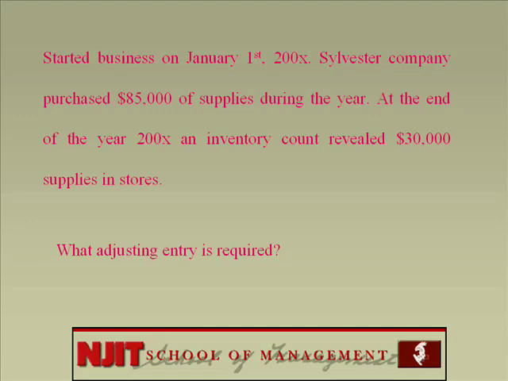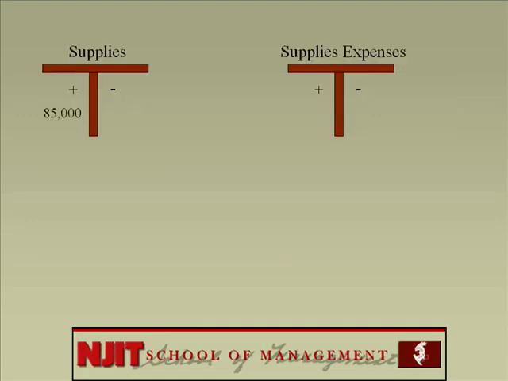Let's have a look. Previously, you had 85,000 in your supplies. Now you want the balance to be 30. This is because 55,000 has left the warehouse. It got used up. When an asset gets used up, it gets converted to an expense.